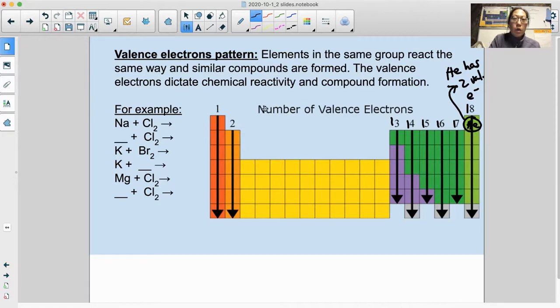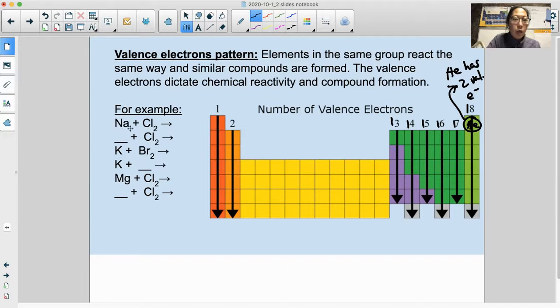Okay, so if we have this pattern in valence electrons, that means that elements in the same group, in the same family, will react the same way, and they will form similar compounds. So there's going to be a very similar pattern in the compounds that are formed between elements in the same groups.